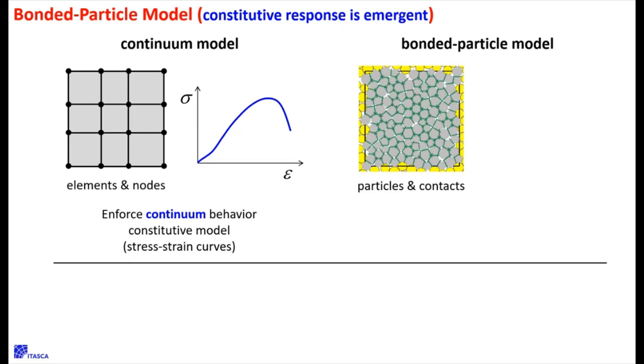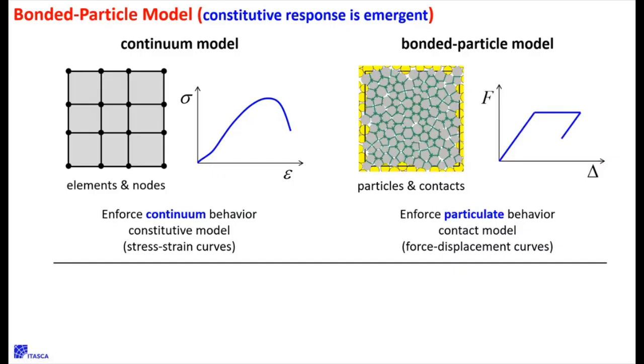Okay. In this system, it's a lower level thing. You're actually going down to the level of particles and contacts. Essentially the constitutive model, instead of being stress strain, is force displacement at each contact.